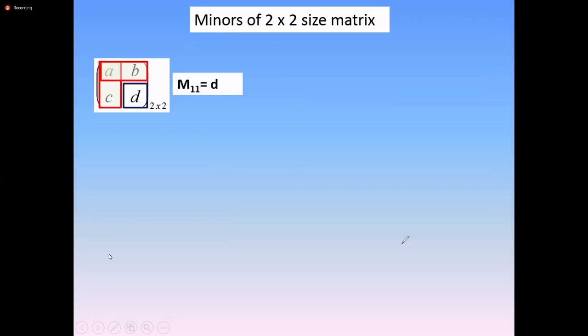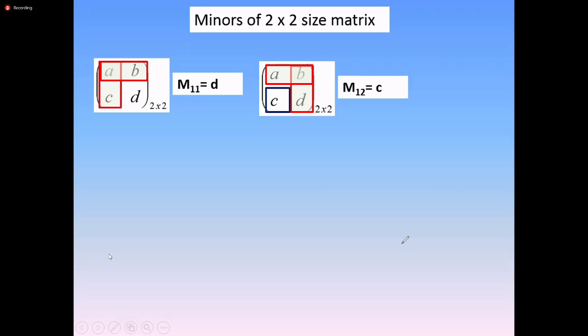So M11 is D. Then M12. In order to get it, delete the first row, second column. And what is the value? It is very easy to calculate that determinant. M12 is C.